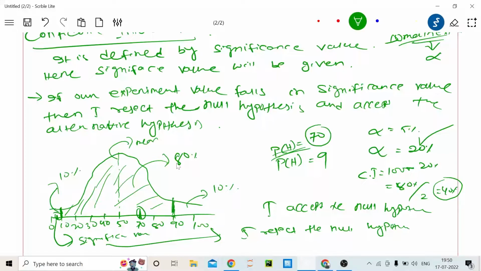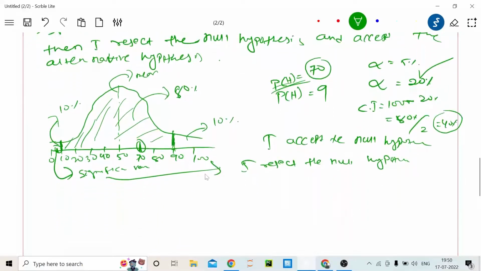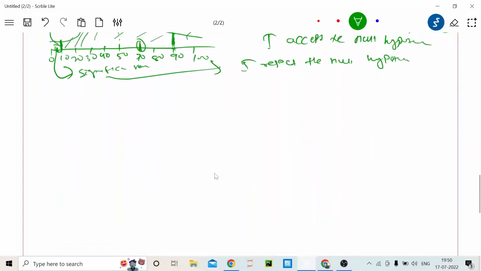We will do some problems and get to know. If you ask me what is the actual use of the confidence interval and why we use the confidence interval and significance value, then I will tell you one thing. Let's say I want to calculate the height of the people living in our country.